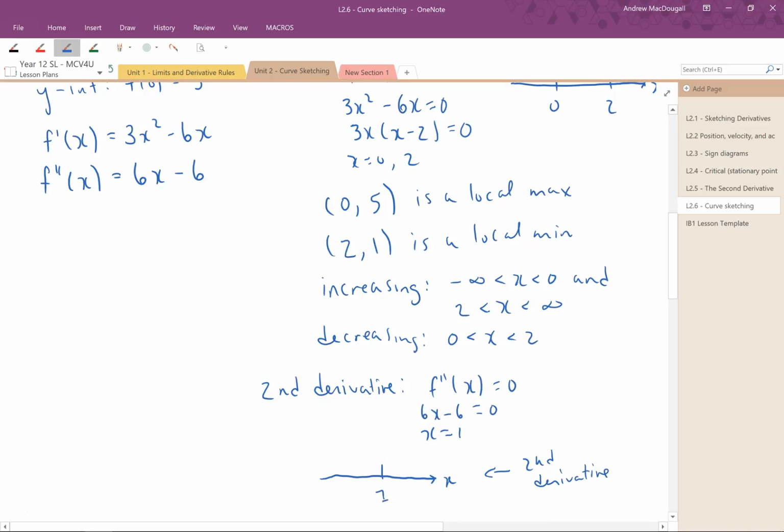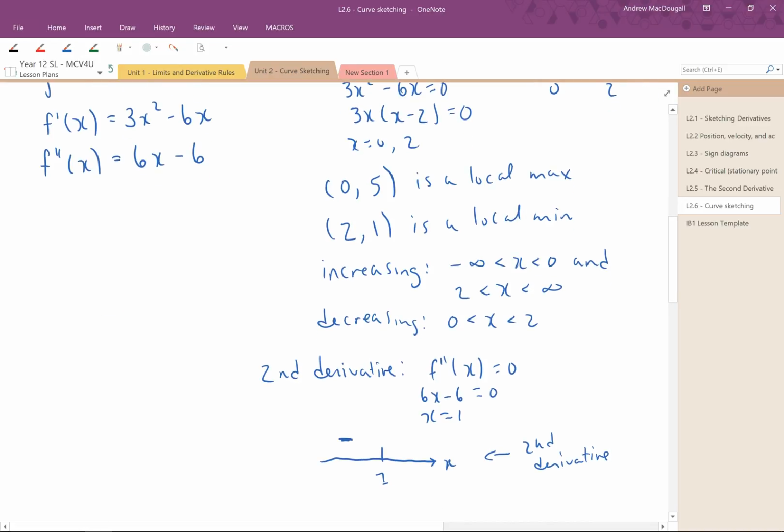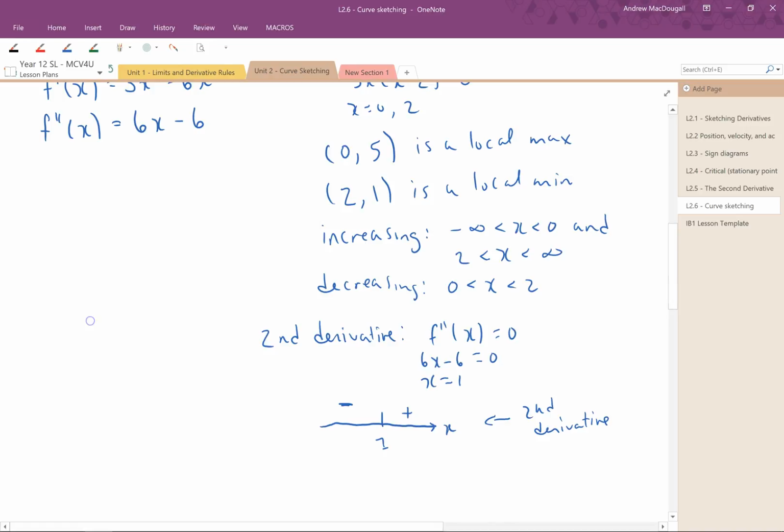Plugging in a negative value, or even a 0, into our second derivative gives us a negative number. And plugging in any positive value bigger than 1 will give you a positive number. So 1 is an inflection point. An inflection point occurs when x is 1. To the left of 1, when x is less than 1, our function is concave down, it opens down.